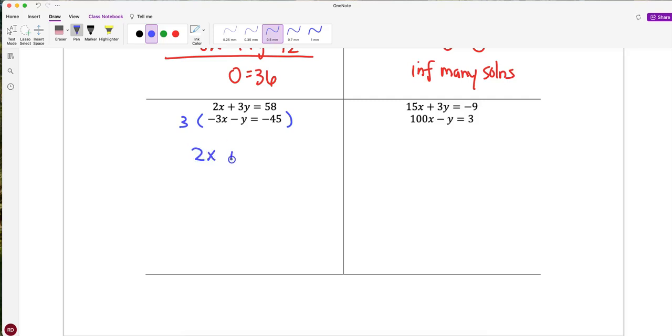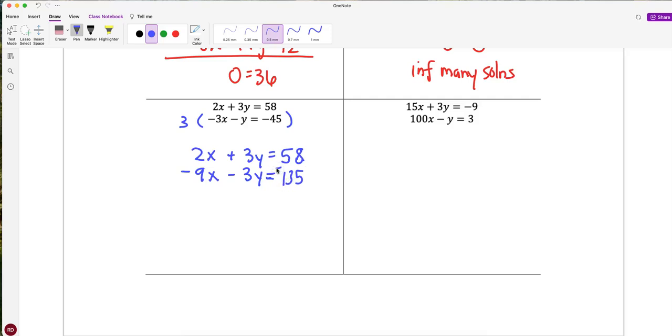So you get 2x plus 3y equals 58, and -9x minus 3y equals... what is that... -135. 3 times 5 is 15, carry the 1, so 135.